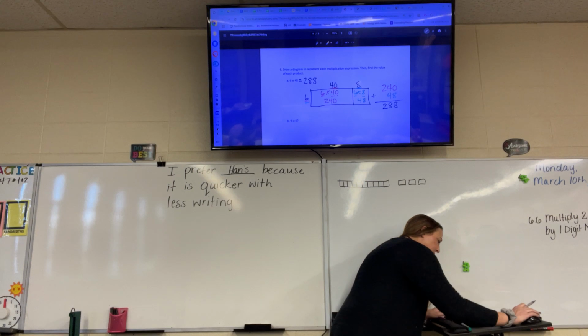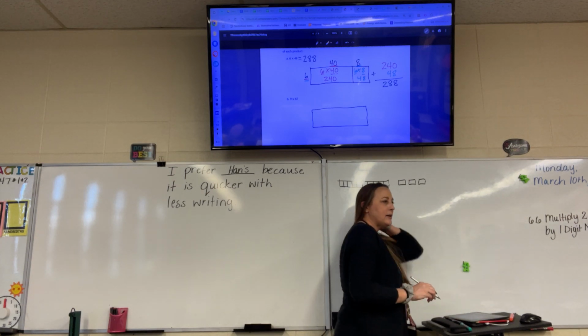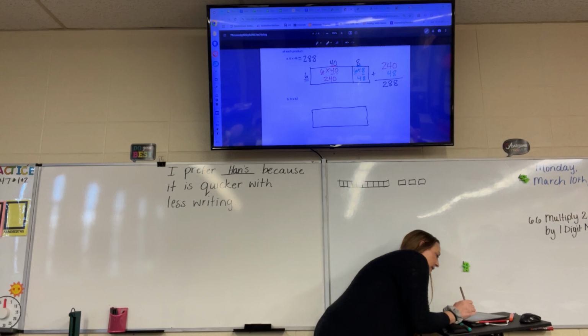Then we're going to do one more and then we'll be done. Draw my rectangle. Make sure your rectangle is not too big but has enough room to fit the numbers in. What number goes on the small side? 9.